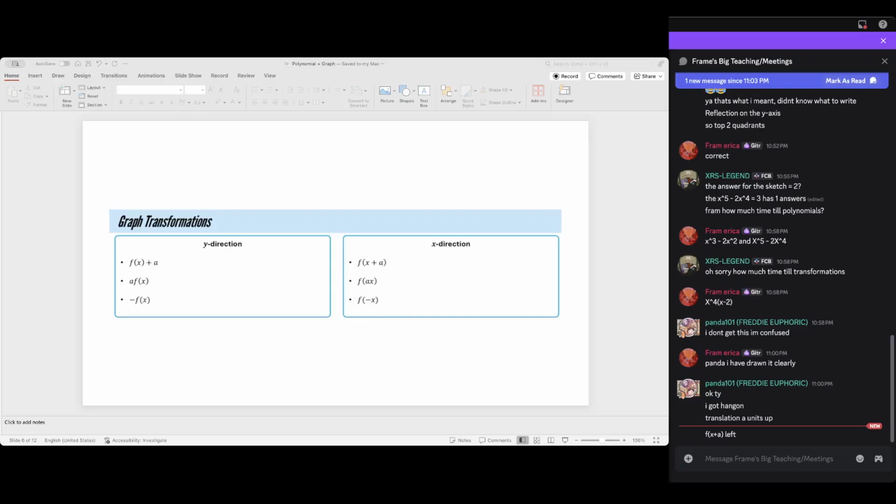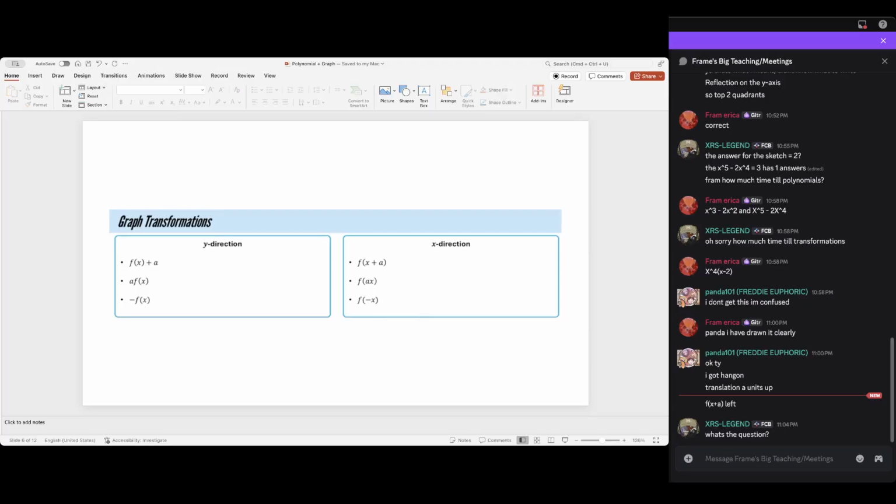So f(x) in brackets per se, would that go up in the y direction? Left by how much?